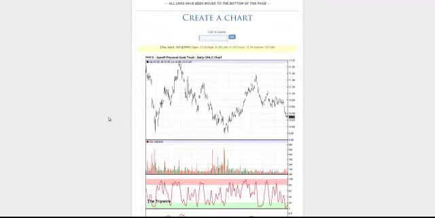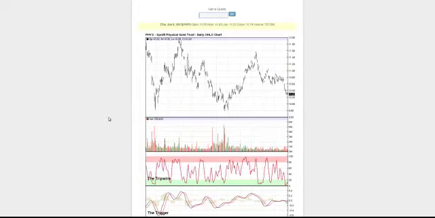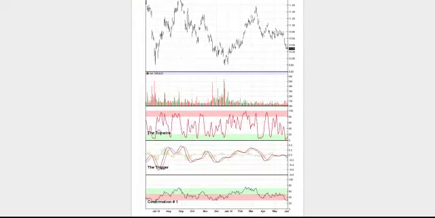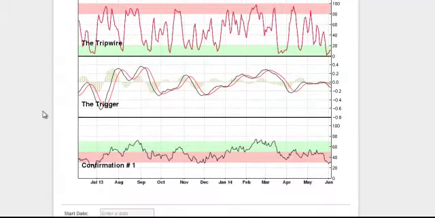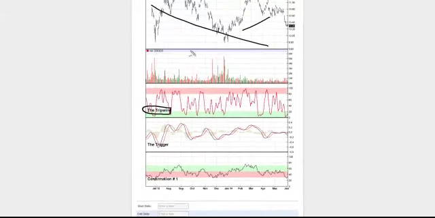So what we have here is a chart of PHYS. Now you'll notice down here we have our tripwire, we also have our trigger, and our confirmation. Now, the tripwire, as we know, is the very first thing that we pay attention to even before we pay attention to the price. The price is not important.